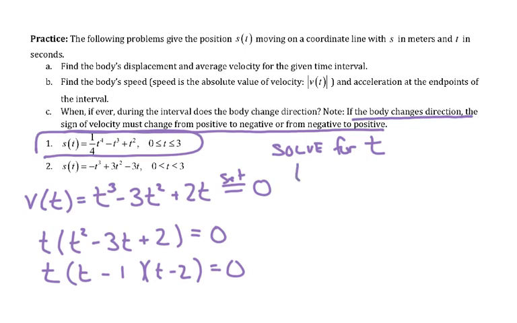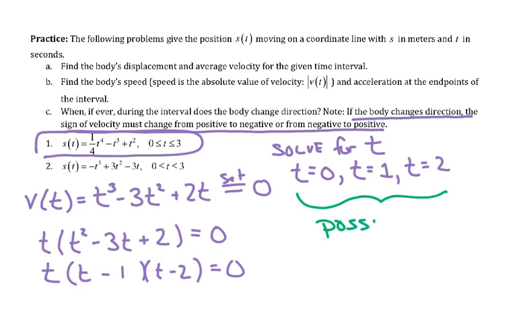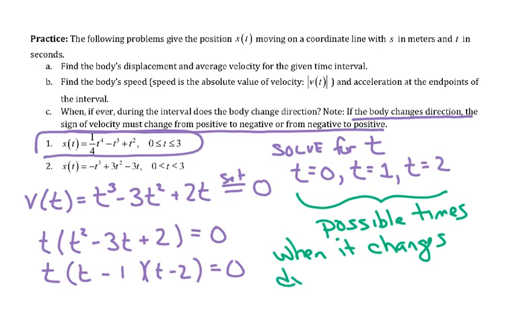So at t equals 0, t equals 1, and t equals 2, these are possible times when it changes direction.